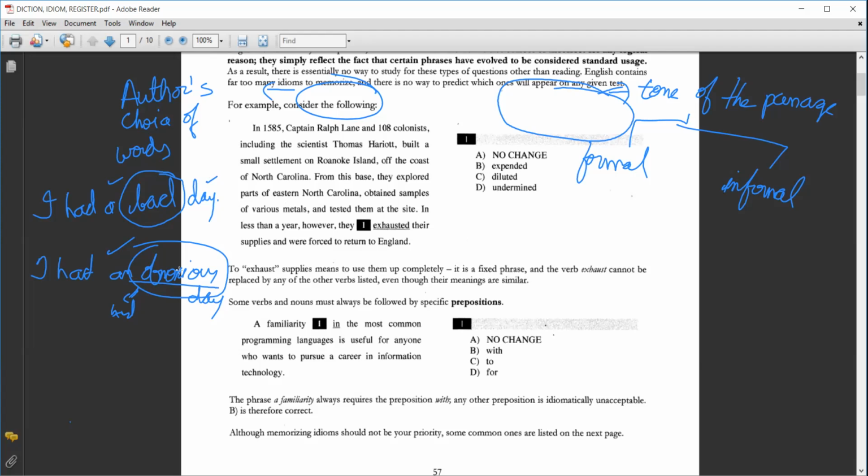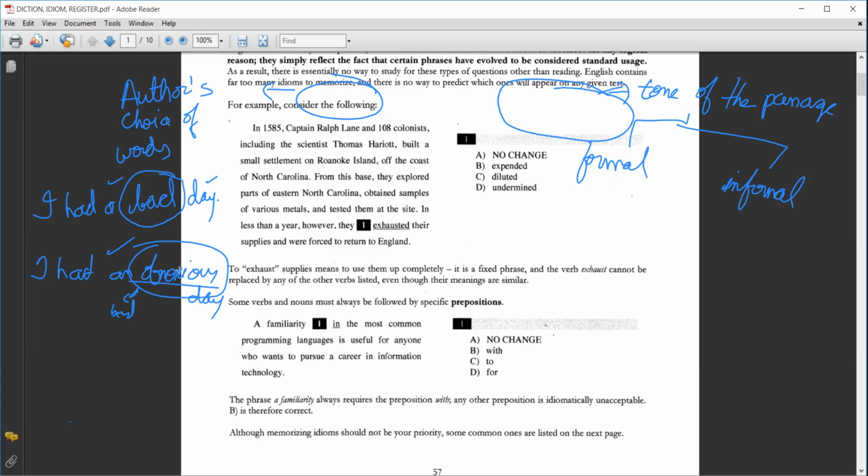Certain words, specifically verbs, have fixed prepositions. If you use the wrong preposition with them, the sentence will sound correct, but it is not actually correct.